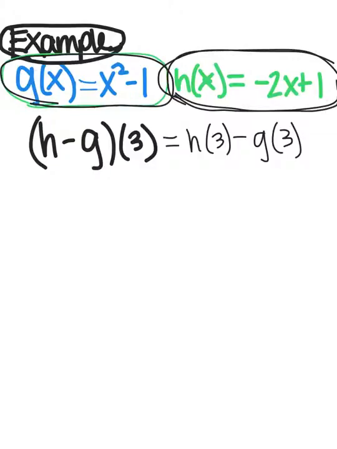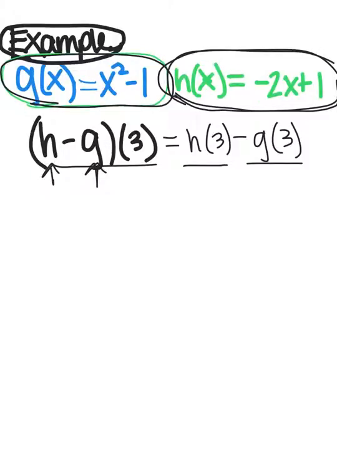So you want to write those down. And then my problem says find h minus g of 3. And if you look at the rules, I can rewrite that as finding h of 3 and then subtracting g of 3 from that. So same order, the h goes first, then the g.